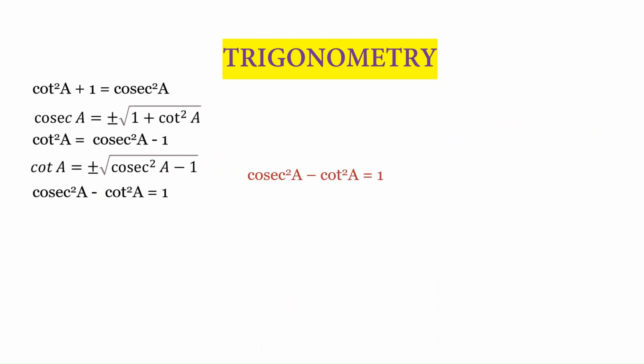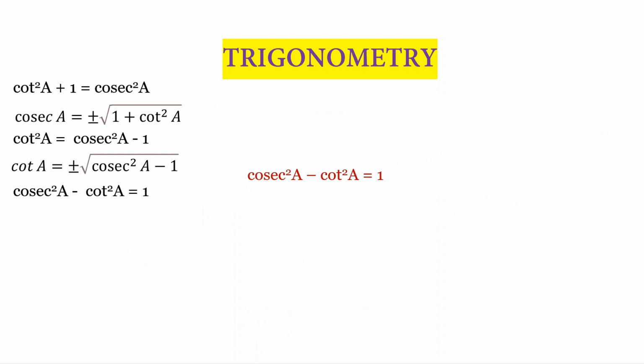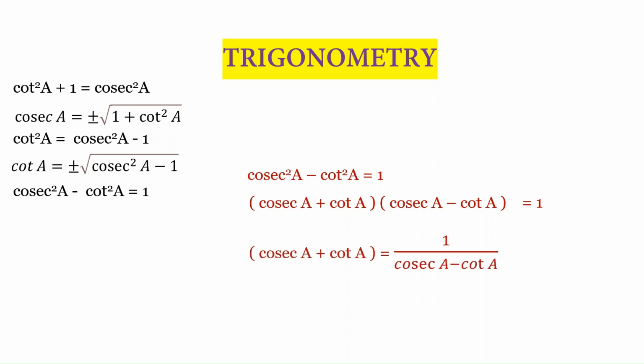From these formulas, again if we apply a square minus b square equal to a plus b into a minus b here, it will make cosecant A minus cot A into cosecant A plus cot A equal to 1. Again transpose any one of these to the other side. So it gives cosecant A plus cot A equal to 1 by cosecant A minus cot A. This is one of the formulas.